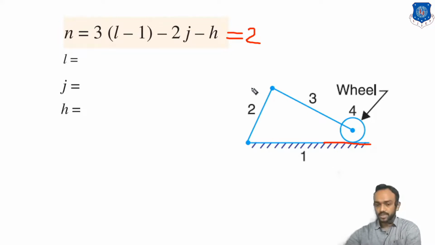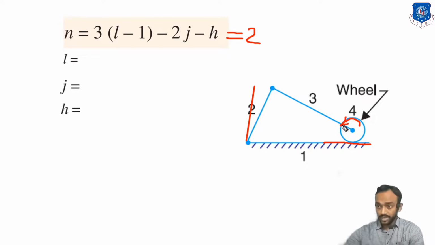So consider this. If I want to move this link in this condition, I rotate this wheel. What will happen? If sufficient friction is there, it will rotate and push this connecting rod, and this crank will be in this condition. But consider there is oil, or this surface is very slippery.